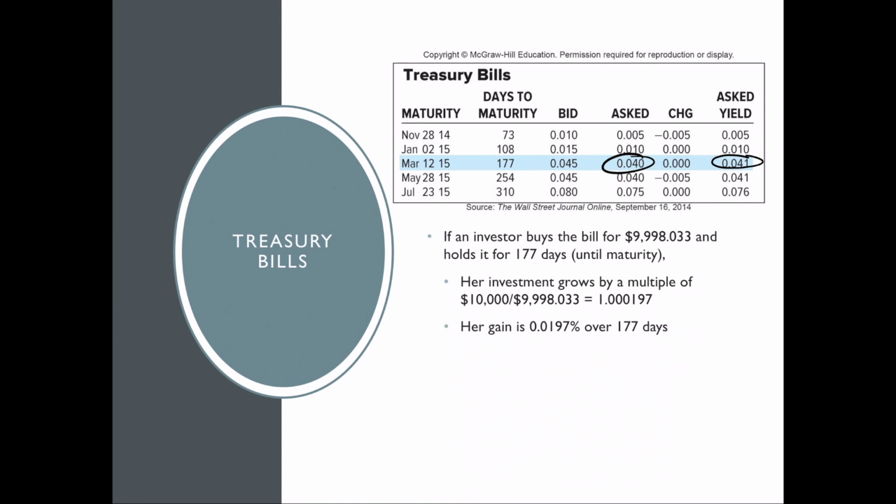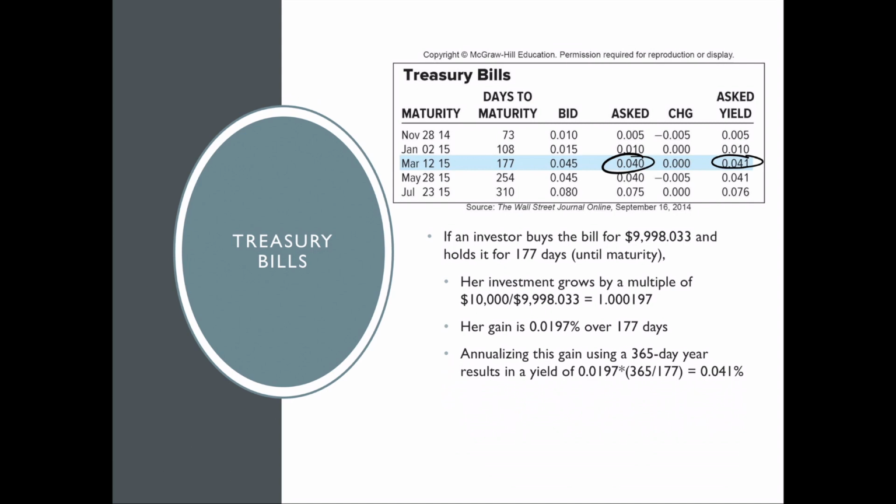So the gain is going to end up being that value minus 1, or 0.0197% over the 177 days. To annualize that, using a 365-day year, you would take that 177-day yield and multiply it by 365 over 177, and what we get is an ask yield of 0.041%.